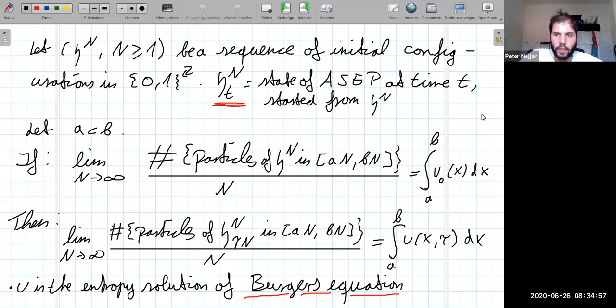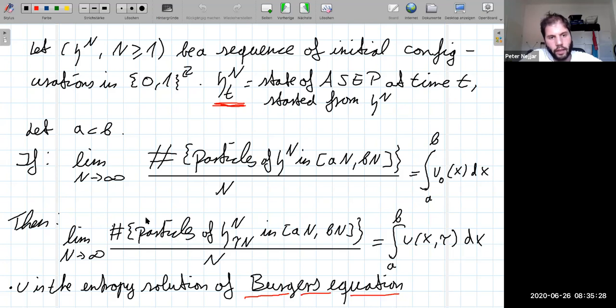Assume there's a nice initial density u0, meaning that the number of particles that eta_n has in the interval (an, bn), divided by n, converges to the integral of some initial density function u0. Then for later macroscopic times, this empirical density will also converge.